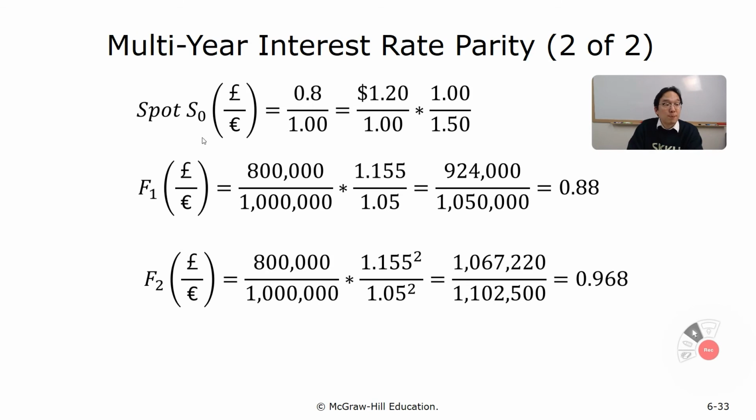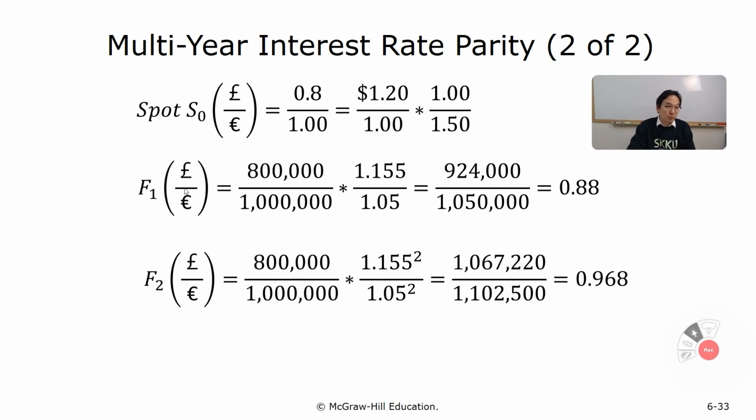Spot rate, S sub 0, that's today. And then pounds per euro, that's 0.8 over 1, right? So that's this guy based on the dollar-based direct exchange rate, per euro, per pound relation. The cross exchange rate was calculated like this.